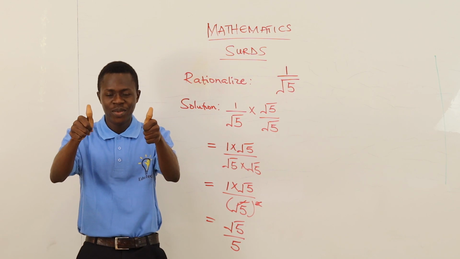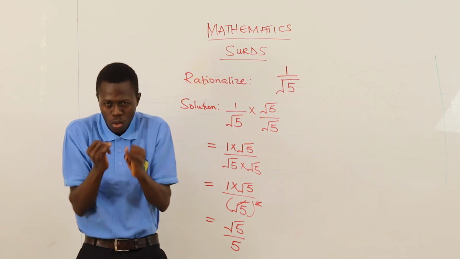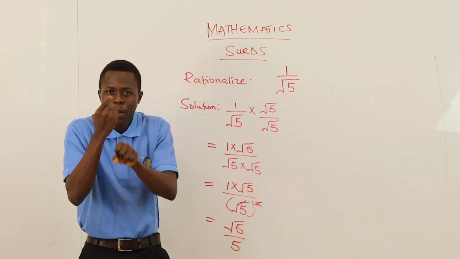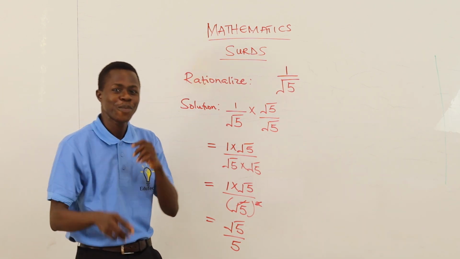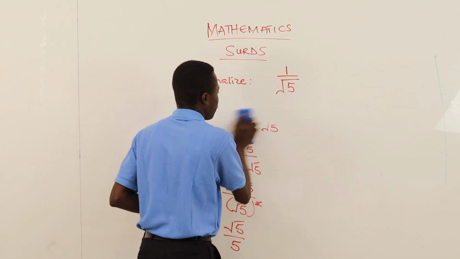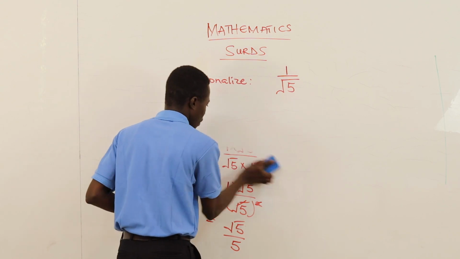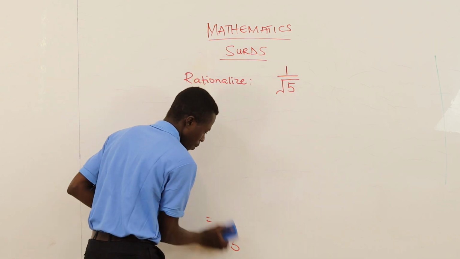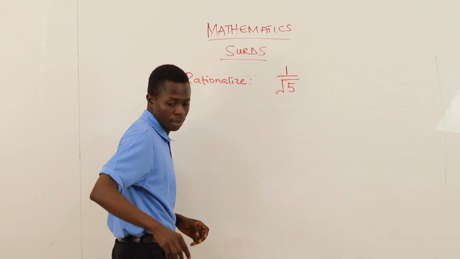So what have we been able to study in today's class? We've been able to learn how to rationalize the denominator of a surd. So now let me give you one example and see if you can also do that on your own.